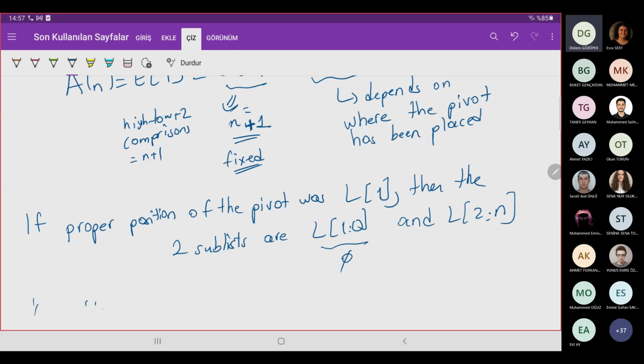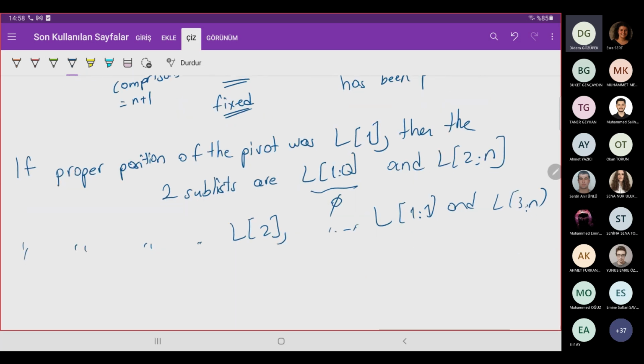So if the proper position of the pivot is 2, then the two sublists are 1 to 1 and 3 to n, which is a list of size 1, and the other one has a list of size n minus 2.